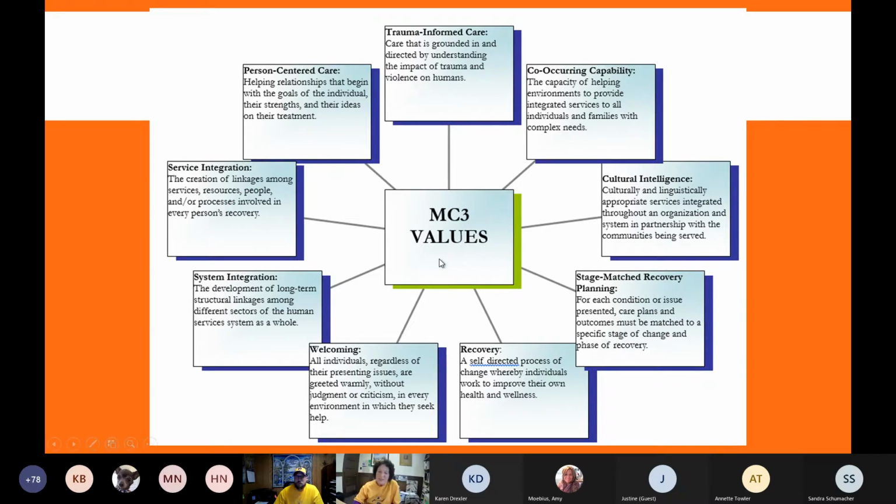This is one of the most important slides I think that I have. MC3 values, I try to practice them every single day. I try to practice particularly welcoming because it has had such an impact on my life.